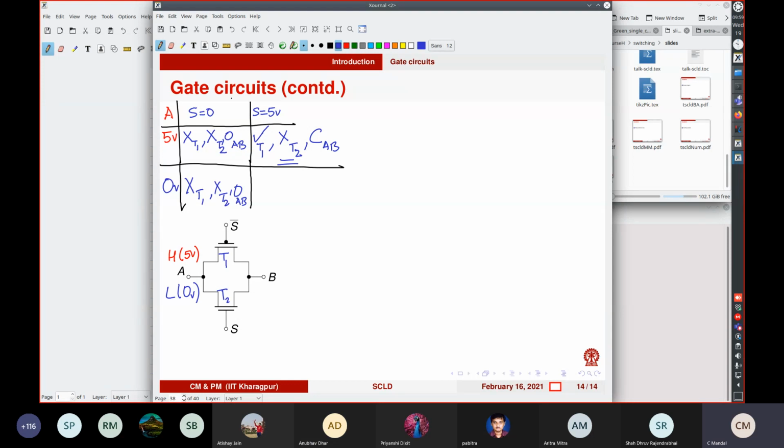All right. So what you find is that basically when S is 0, this transmission gate does not transmit. Both cases it is open. And now let us consider the other case, when this is at 5 volts and A is at 0 volts.